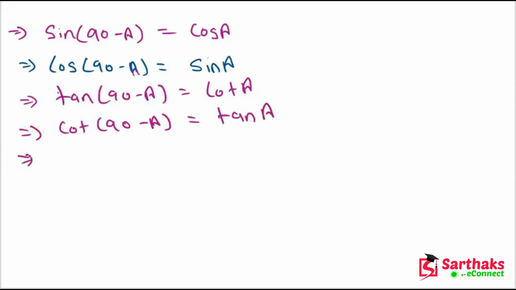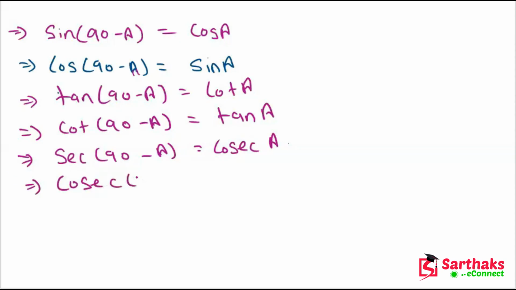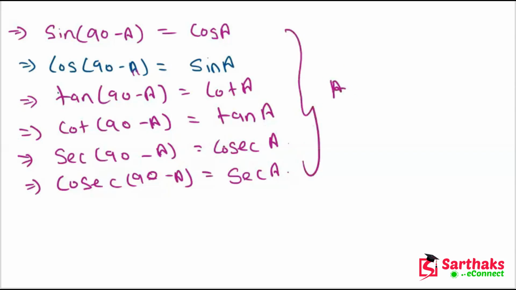And sec 90 minus A, if we compare this, we get cosec A, and cosec 90 minus A we get sec A. So these relations are very important.